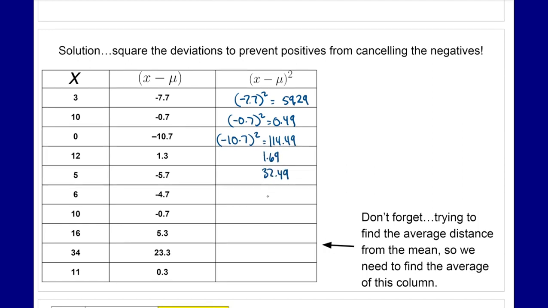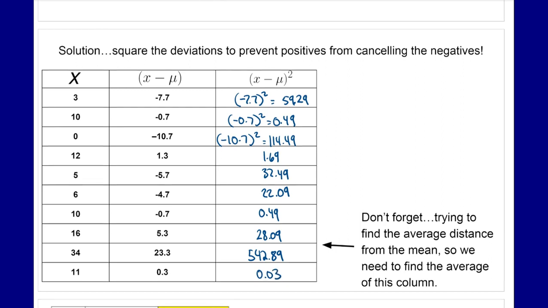So you're squaring all the values in the previous column. 28.09. So you can see that it's not a hard calculation so far. Nothing's too difficult that we're doing. It's just very tedious and just remembering the steps.